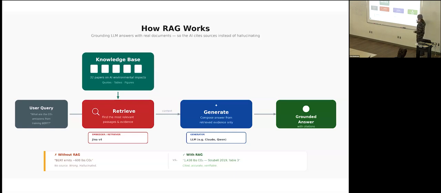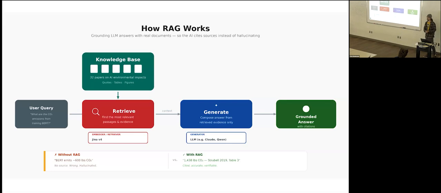So with RAG, rather than just blindly asking a question to a large language model that generates an answer, we're going to ask our question, and with that question, we're going to look in a knowledge base, which could be papers from arXiv. In our case, it's going to be 32 papers on AI's environmental impacts. Given this question, we're going to search across those 32 papers and find relevant passages that answer that question.